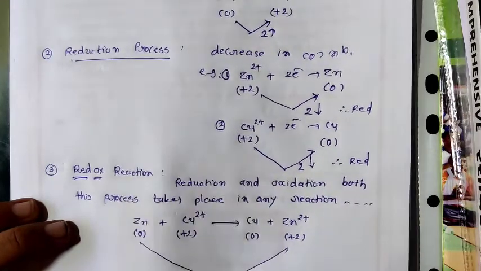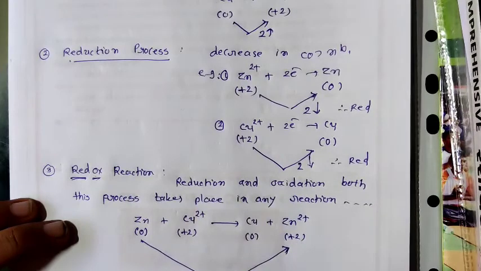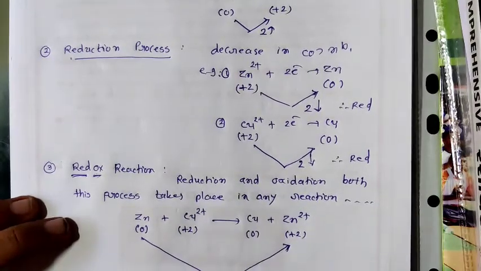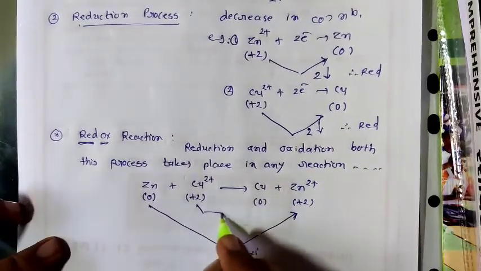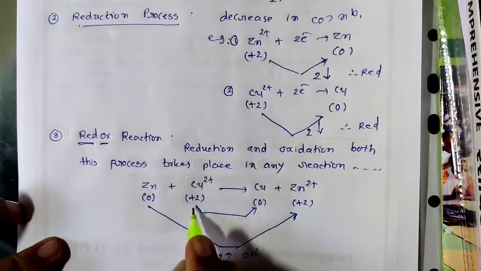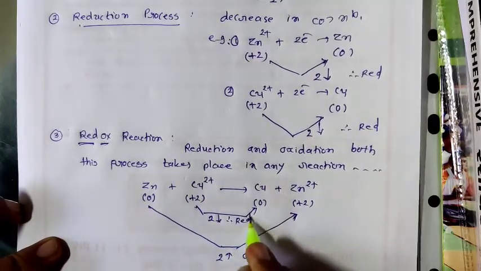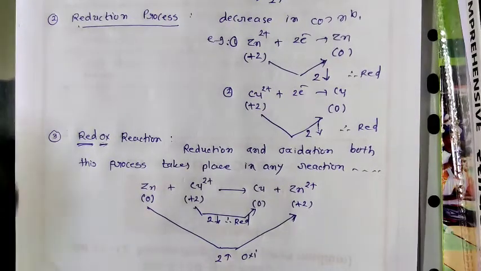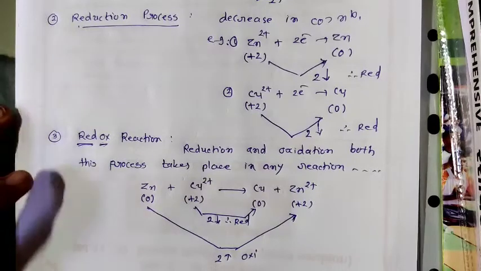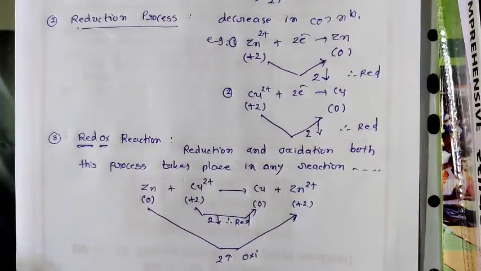So from Zn to Zn2 plus, 0 to plus 2, an increase of 2. That's why this process is known as the oxidation process. While in this reaction, +2 to 0 is a decrease of 2. That's why this process is known as the reduction process. So when reduction and oxidation both take place in a reaction, that is known as a redox reaction.